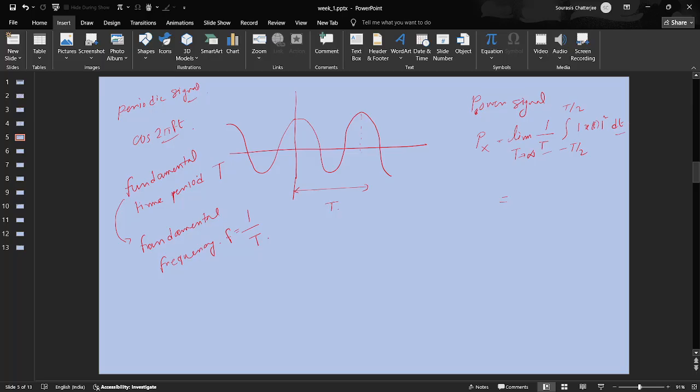The thing from integration minus T by 2 to T by 2, and after that is energy of the signal basically. So energy, we know that the energy of the signal in one cycle is always zero. So we can put zero there. But if I make it zero, then how does it become a power signal?